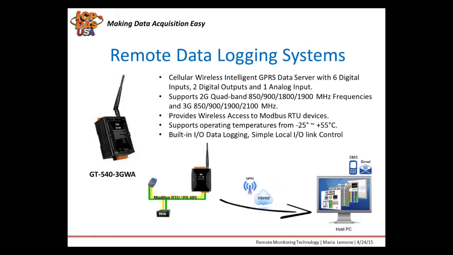It also supports a Li-ion battery as another power source, and when the main power is temporarily failed, it can kick in. So in that respect, GT543GWA is an ideal solution for environmental monitoring and remote device management for M2M applications.